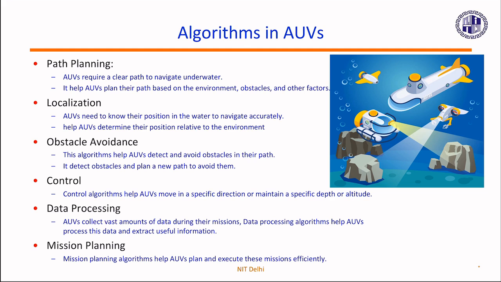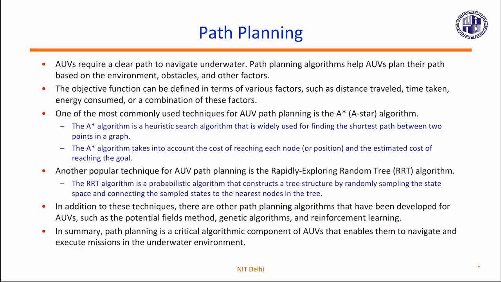AUVs are used for a variety of missions such as underwater surveys, search and rescue, and marine biology research. Mission planning algorithms help AUVs to plan and execute these missions efficiently. So overall, the algorithms used in AUVs play a crucial role in their successful operation and enable them to perform various underwater tasks autonomously.